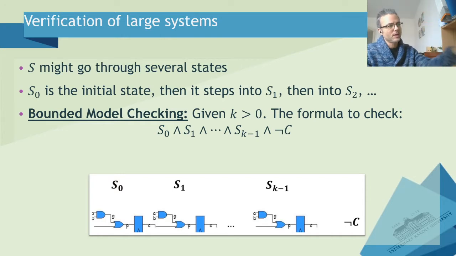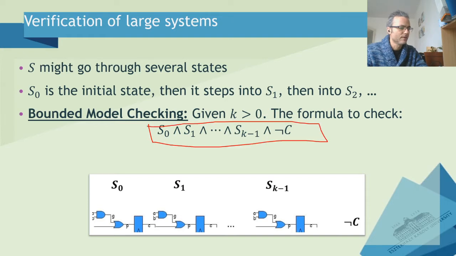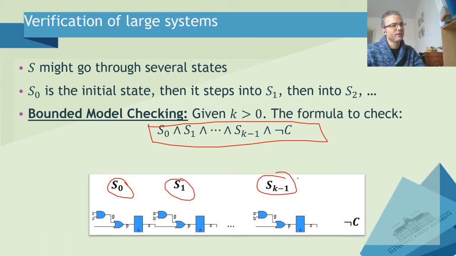Anyway, we can use this approach if we want to encode a large real-life system into SAT, and the result is typically a very huge formula with several copies of the original formula which describe the system itself.